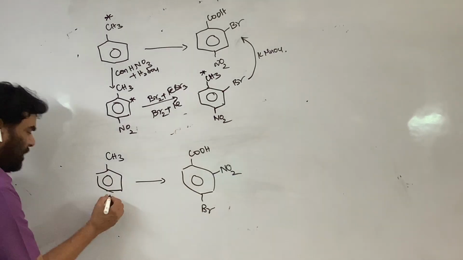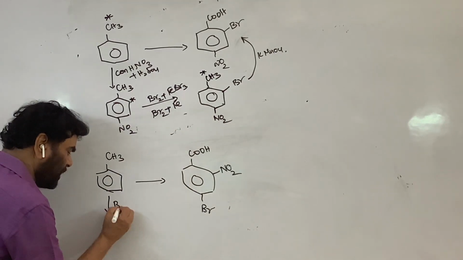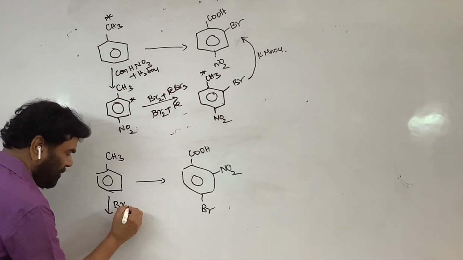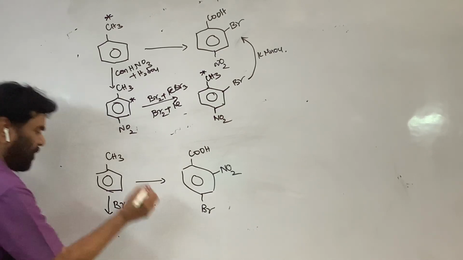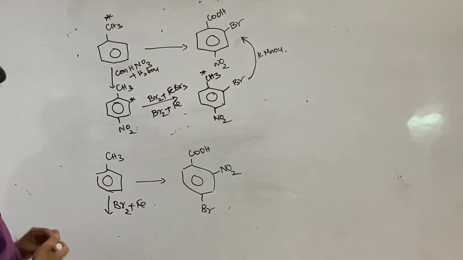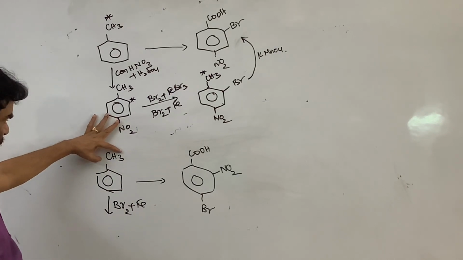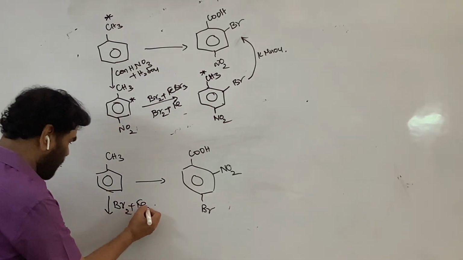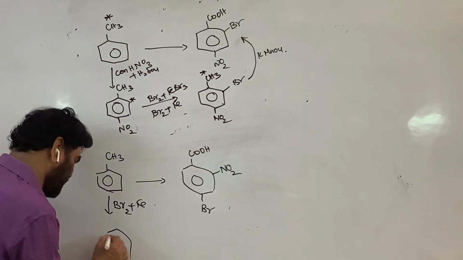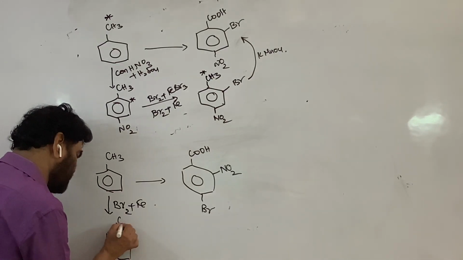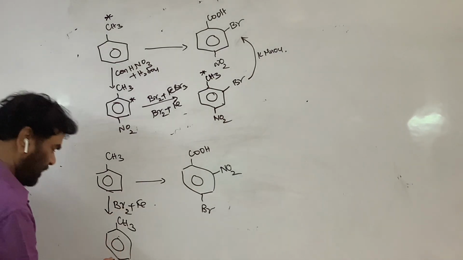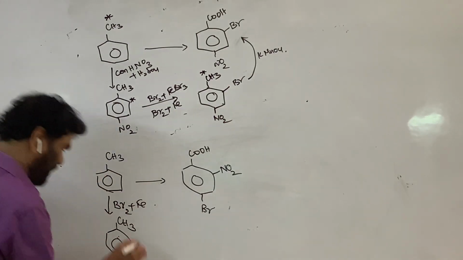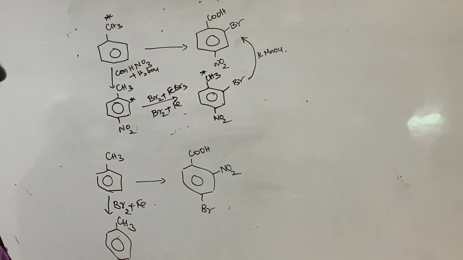Now, Br2 plus iron powder, COOH, nitro group, iron powder, that is, bromine is introduced at the para position.